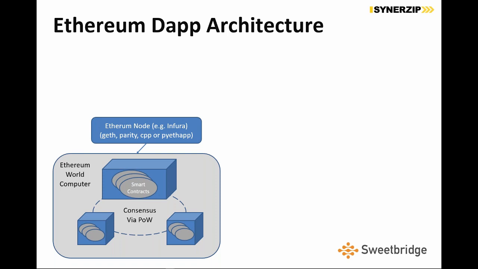Typically what we do is we use Infura, which is a consensus company that runs in Amazon. We connect into an Infura instance and then interact with the global blockchain using Infura. Again, it's just another node in the blockchain, but it's not nearly as powerful as the ones that actually do the consensus.